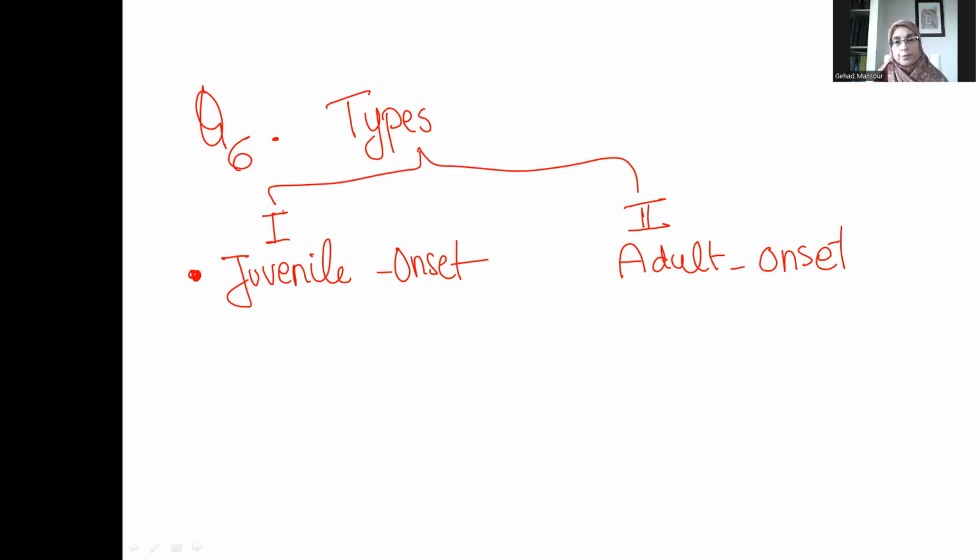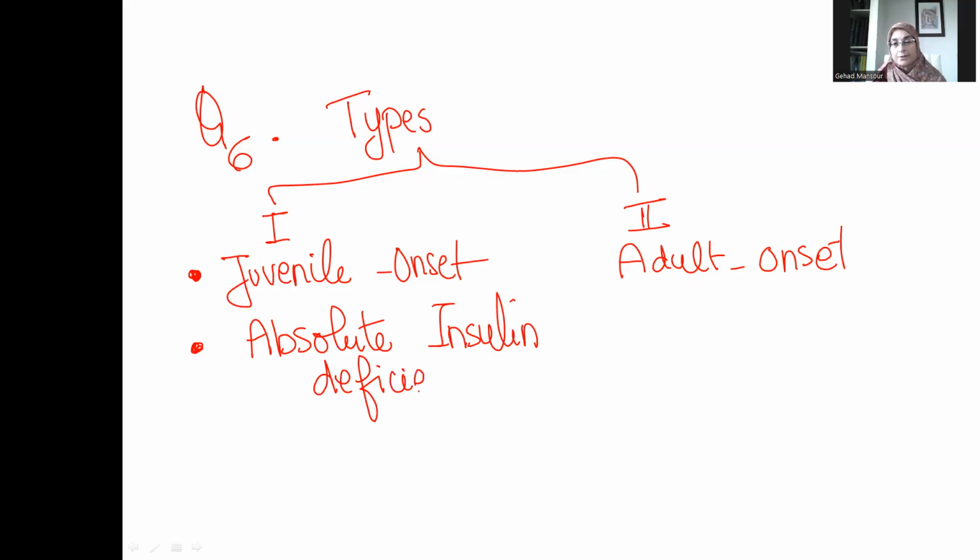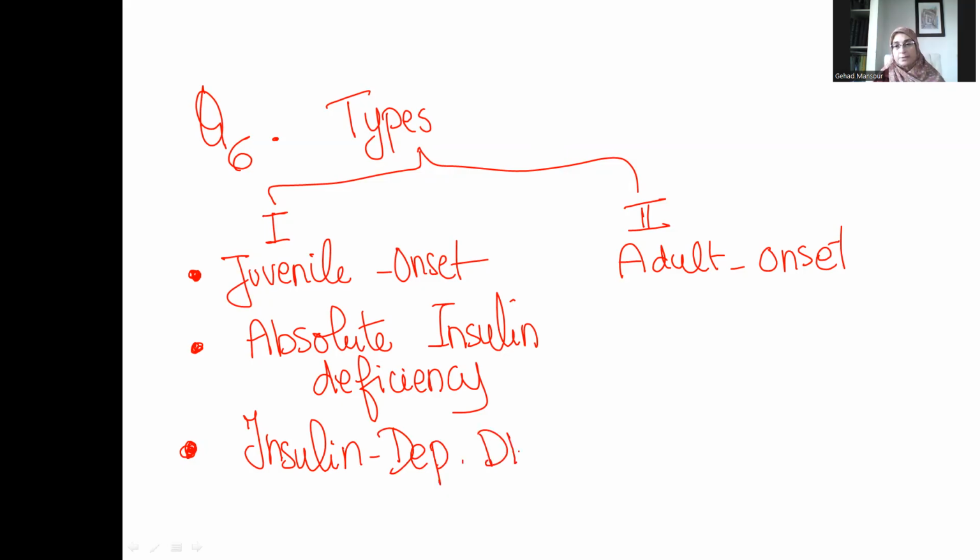So in type 1 diabetes, the patient has absolute deficiency of insulin, meaning that the pancreas produces zero insulin. And that's why this leads us to the third difference, which is that the patient in type 1 is totally dependent on insulin, and therefore we call it insulin-dependent diabetes mellitus.